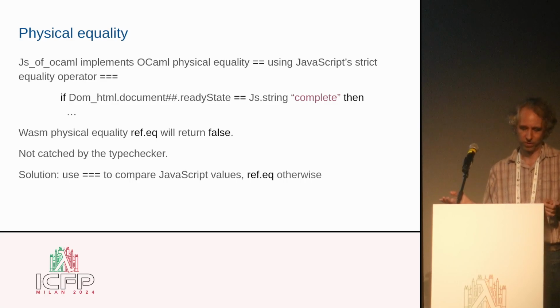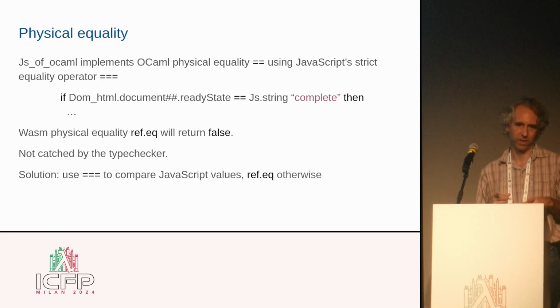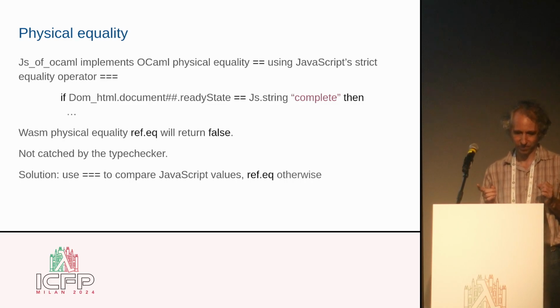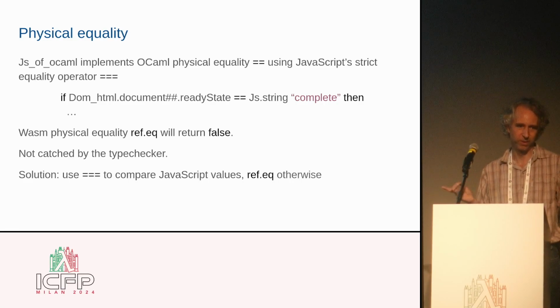And this operator, when you compare two strings, for instance, they are considered as equal if they have the same contents. With Wasm, physical equality, that's not the case. It's really a physical equality comparison. So if you have two boxed JavaScript strings, they are not going to be equal.